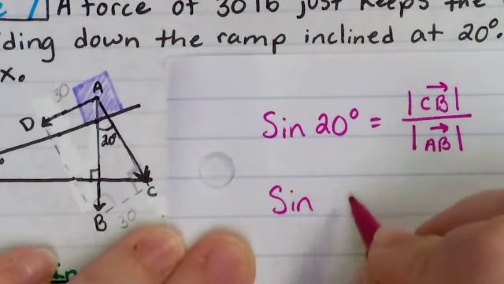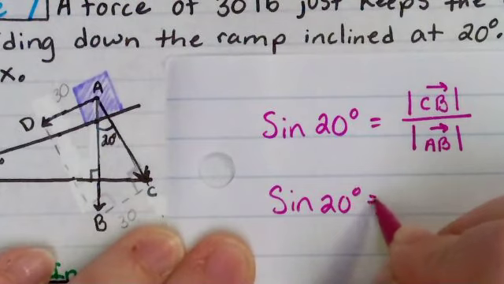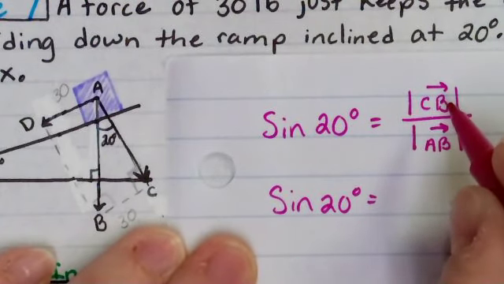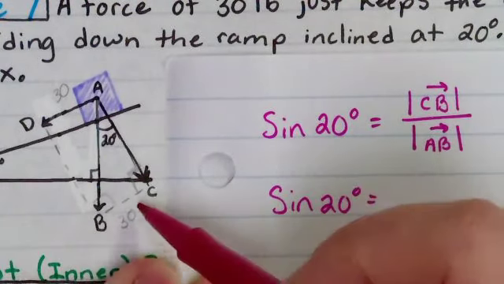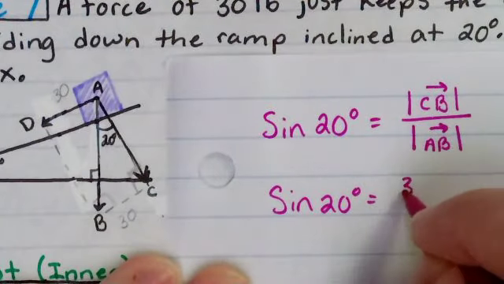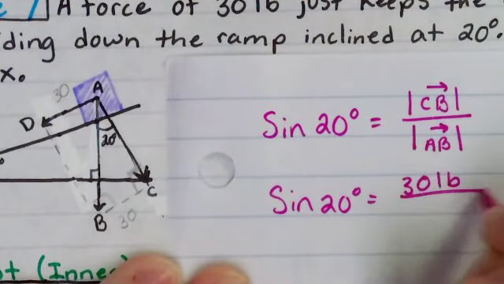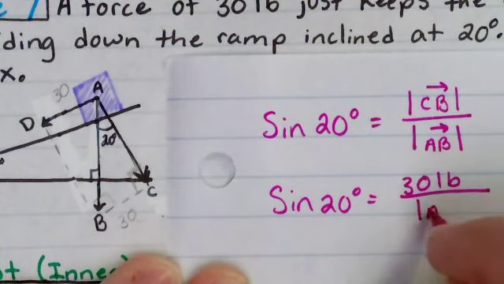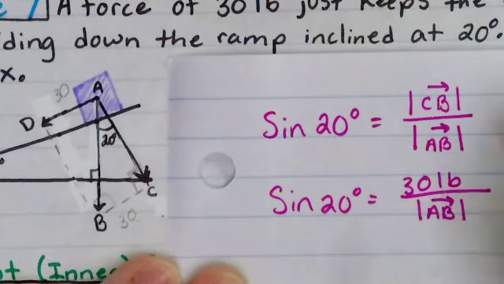Okay, so this is just us going on a little journey to solve this part. I can plug in place of CB, since CB is also 30, I can say that that's 30 pounds. And then that really is leaving me with just one variable to solve for.